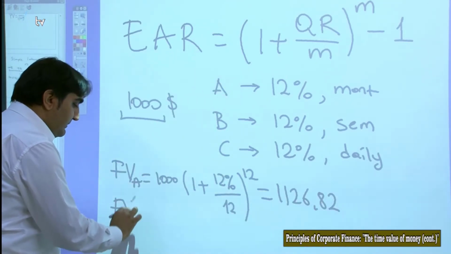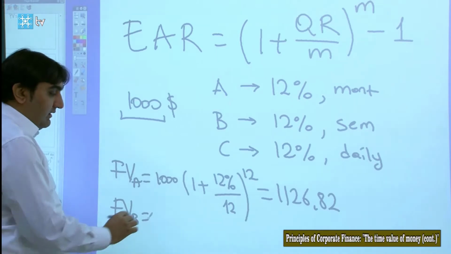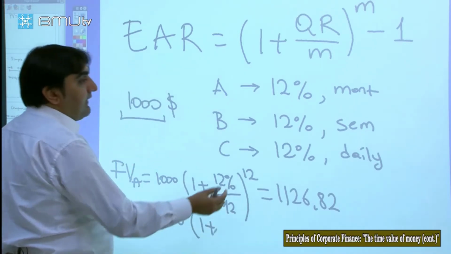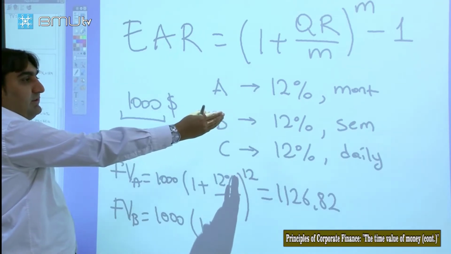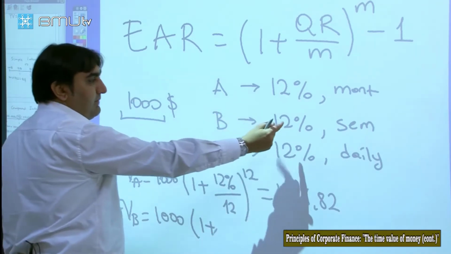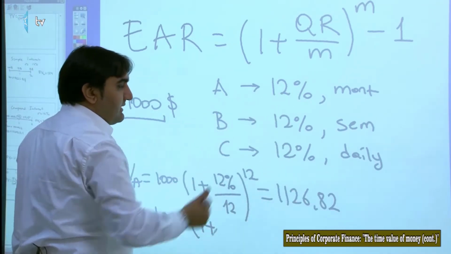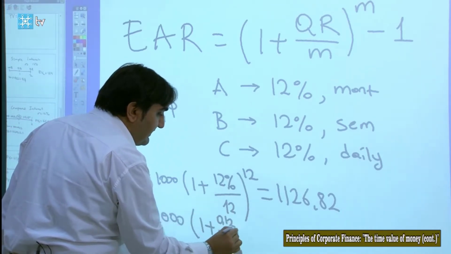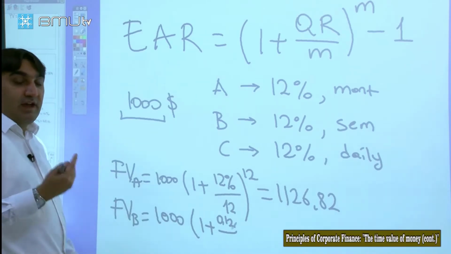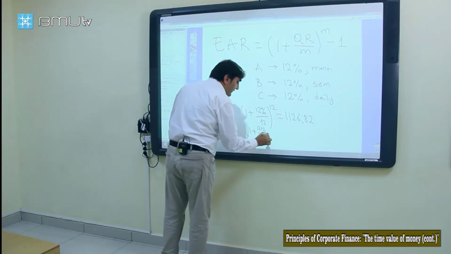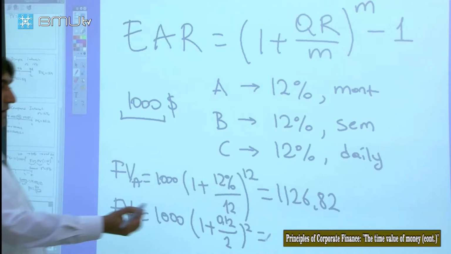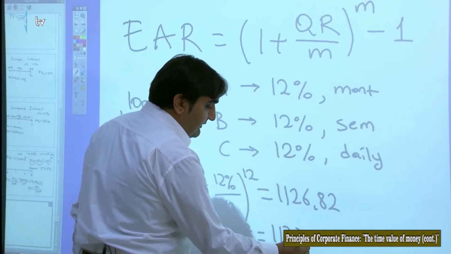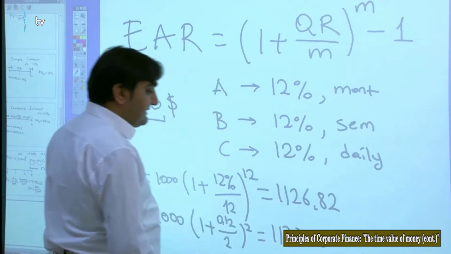Our option B is about 1000 times 1 plus the quoted 12% but compounded in semi-annual periods. So 12% divided by how many semi-annual periods do we have in a year? That's 2, to the power of 2. Our final amount will be 1123.6.